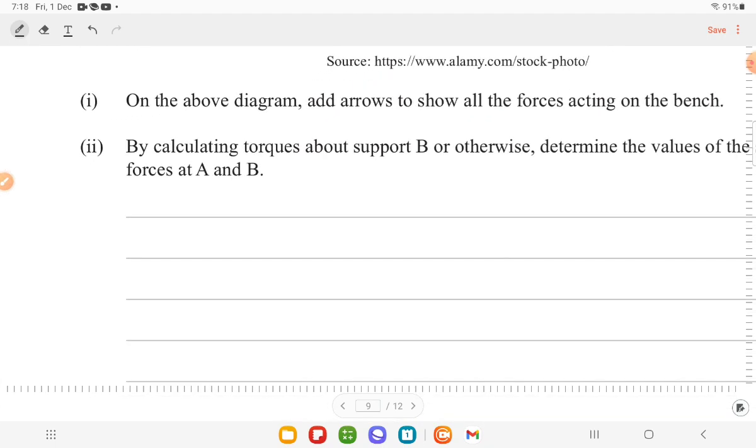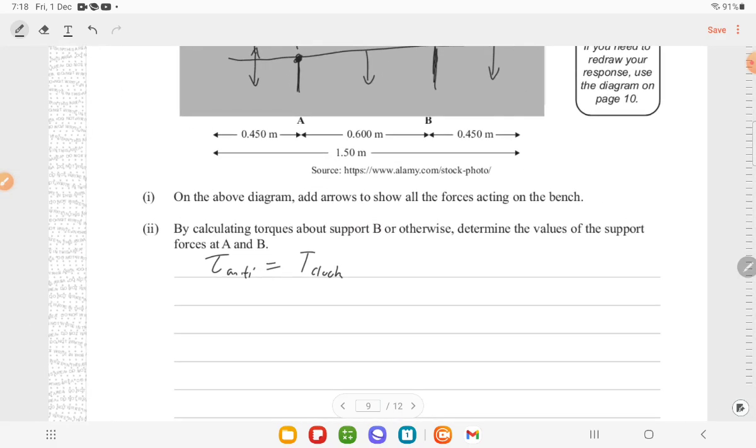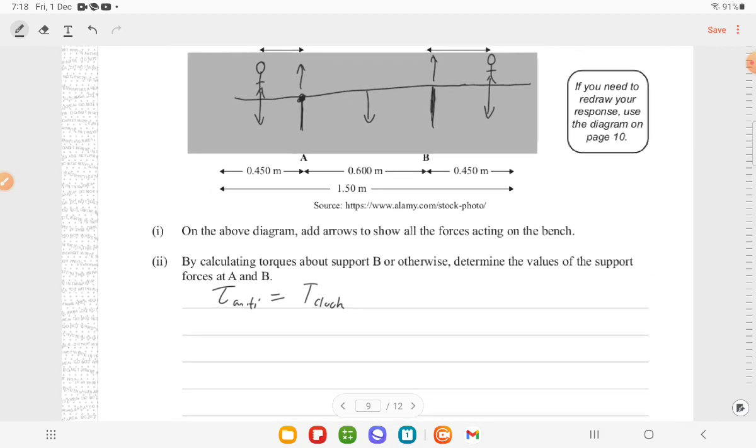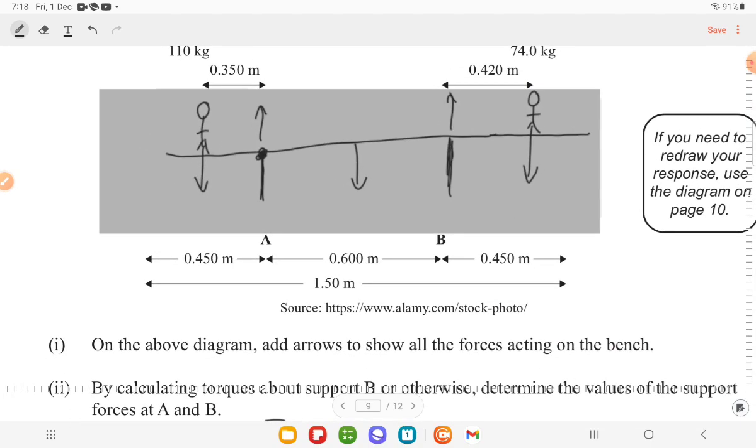So, torque anti-clockwise equals torque clockwise. This whole length is 1.5 meters.